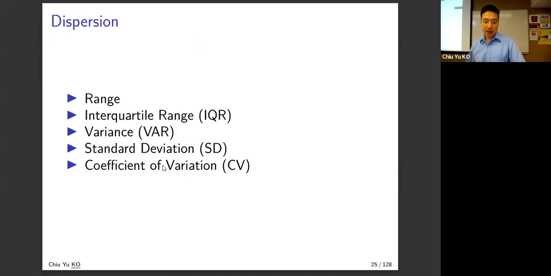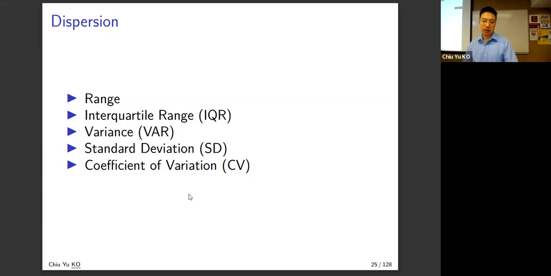Last time we covered these five measures. Just to very briefly remind you what they are: range is just the biggest minus the smallest. Interquartile range, in a notional sense, is when you cut the data into four equal parts, and you take the boundary between the first two, and the third and the fourth.